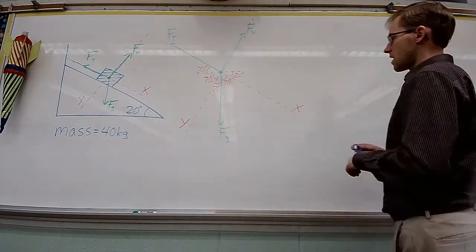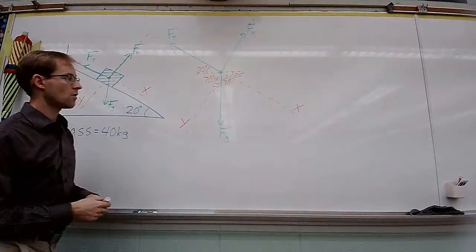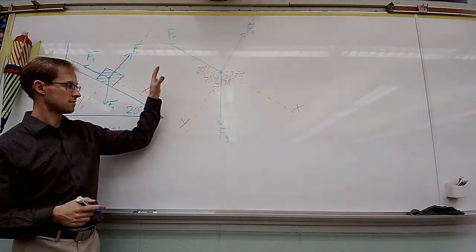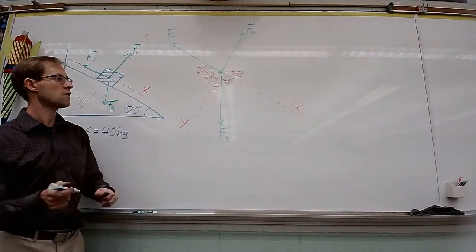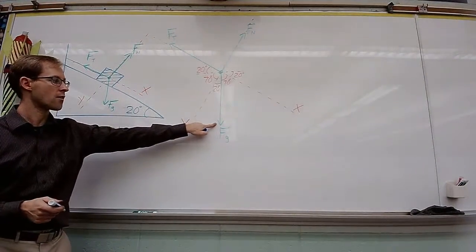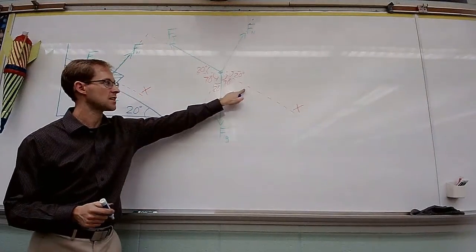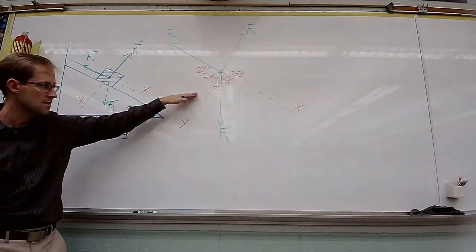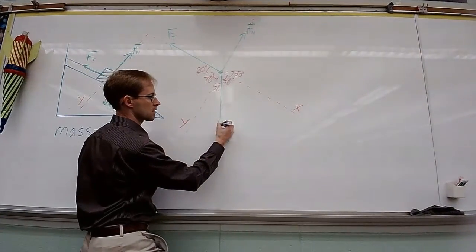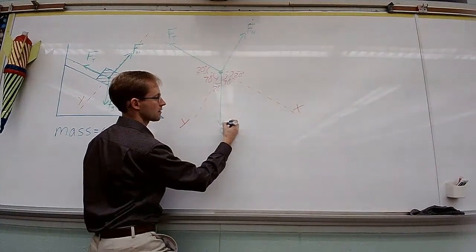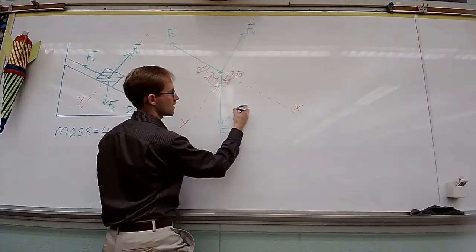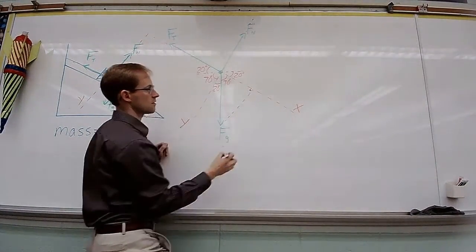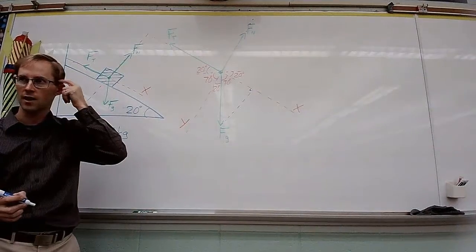Here's how we do that. You don't have to follow this exactly, but if you want to make your arrows for force of gravity in the x direction and force of gravity in the y direction just the right length, what you would do is start from the tip of your arrow here, and make a little dotted line that reaches your x-axis and hits it at a right angle.